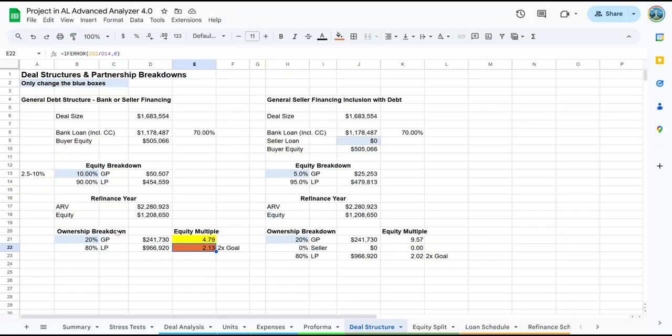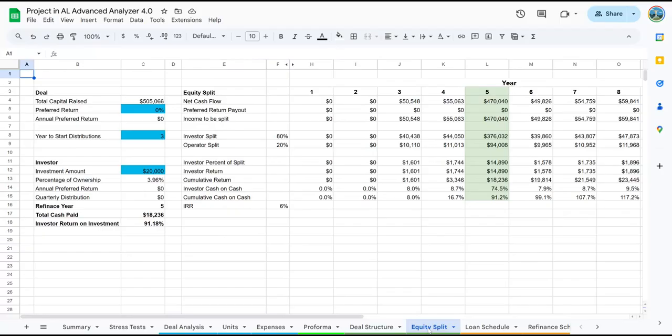So once you have these numbers figured out to come up to close to 2x, we come over here to the Equity Split tab. And in this tab, it's going to give you a breakdown of how an investor's contribution is going to perform and the dollar values they will be receiving.